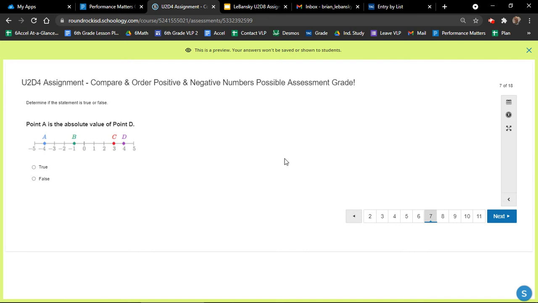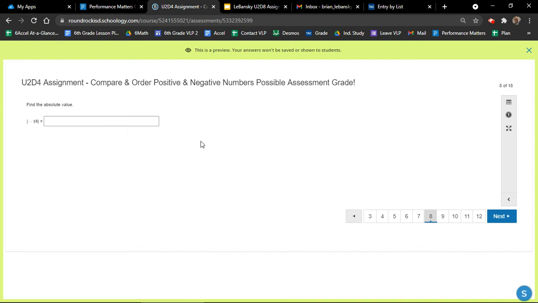Point A is the absolute value of point D. Okay, look up what absolute value means. A is a negative number. Hint, hint. Find the absolute value of negative 18. Okay, look up what absolute value does if you're having trouble with this.